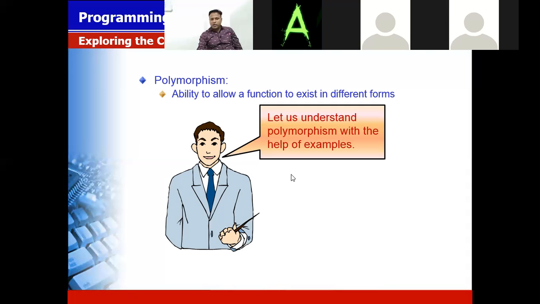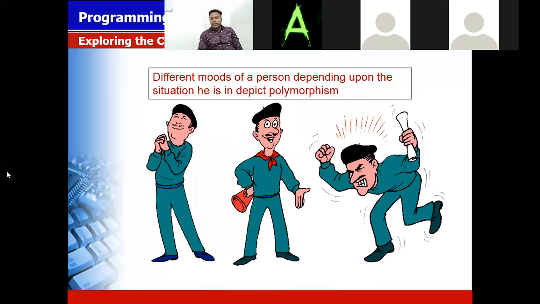Okay. Now, see that the different moods of a person, depending upon the situation, are depicted as polymorphism. Like the person is ambitious, the person is very happy, here the person is very angry.